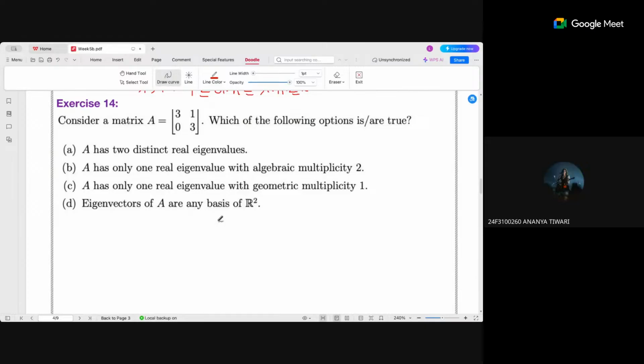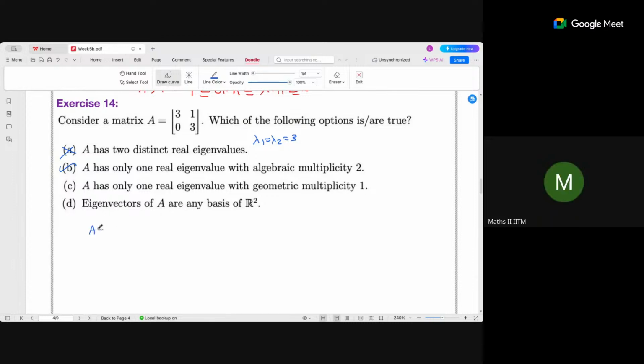Ma'am, B option. Okay, what are the eigenvalues first of all? Eigenvalue 3. Okay, and the algebraic multiplicity is 2 because it is repeating twice. Third option is also correct, I think geometric multiplicity is 2.